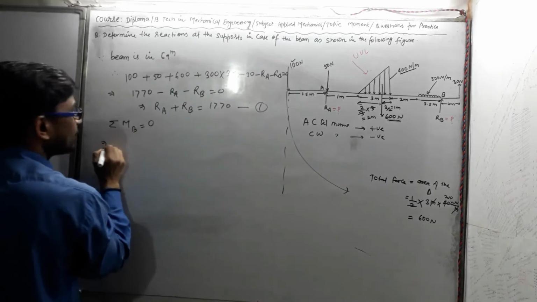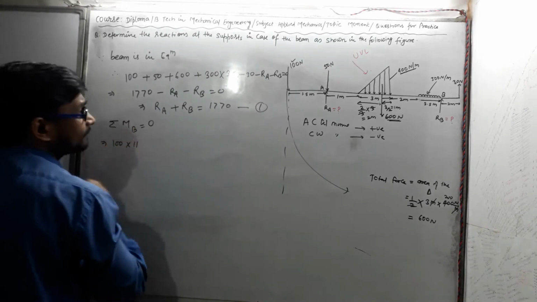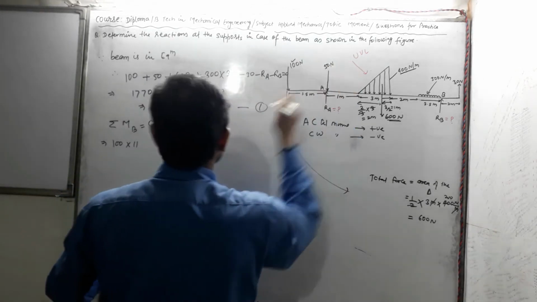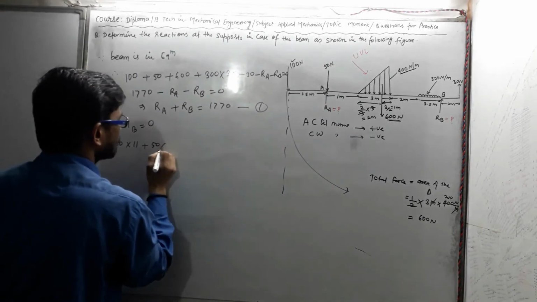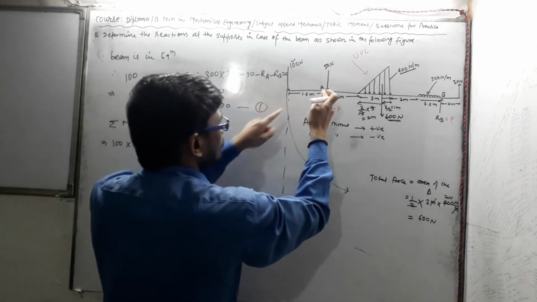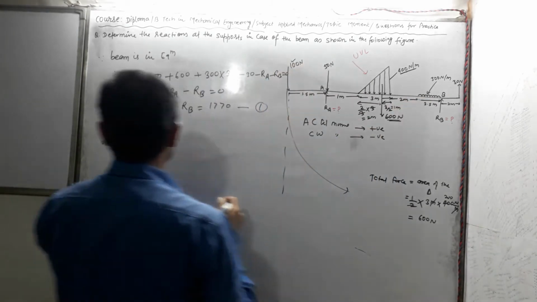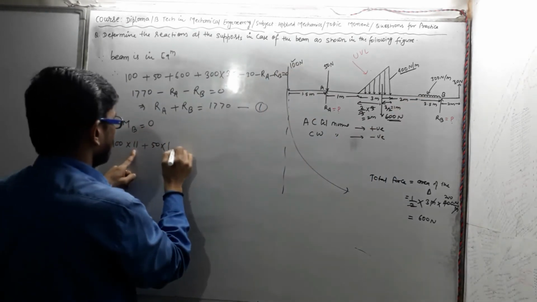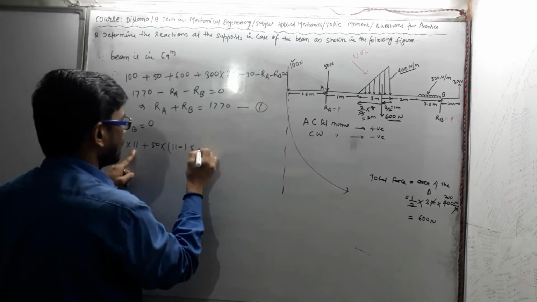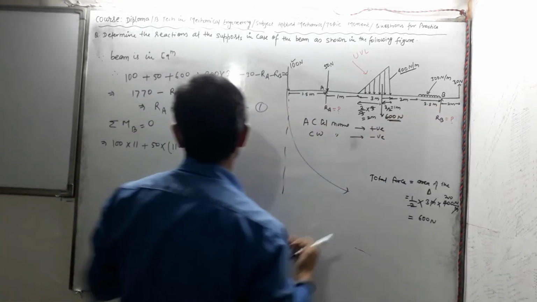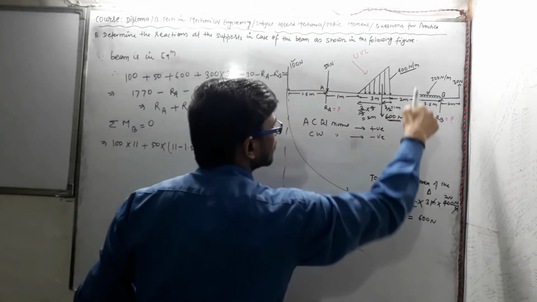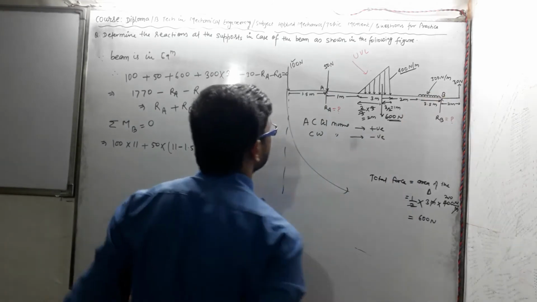So we can say 100 into 11. And now 50 Newton multiplied by 1.5 meter ahead where this force is acting. If I subtract 11 minus 1.5, then the distance would be obtained. This is also producing an anti-clockwise moment about this point B.